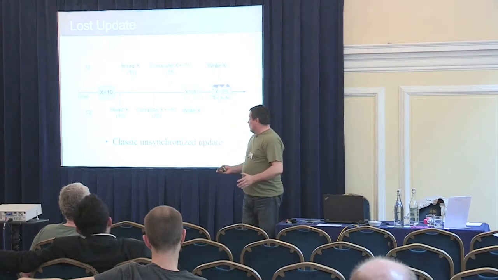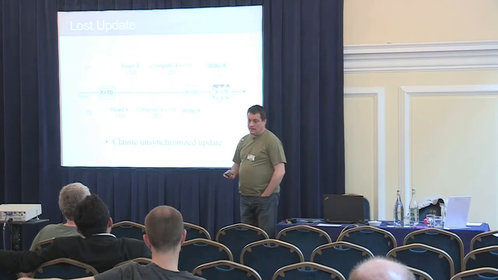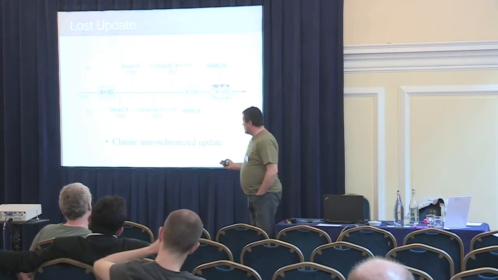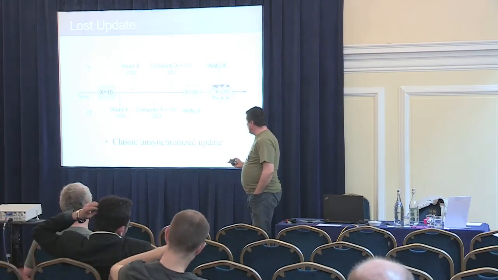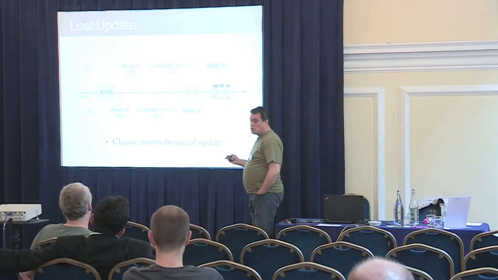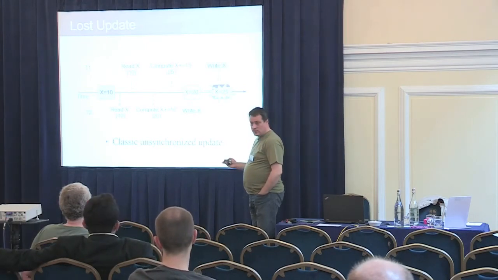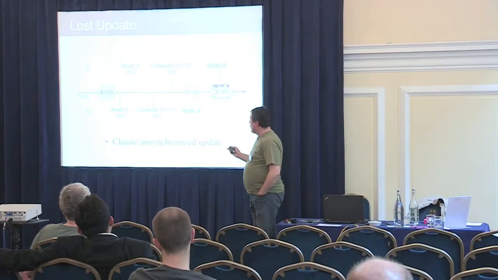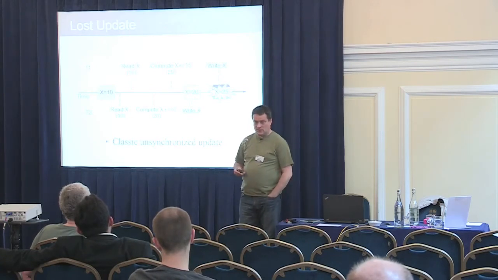If we comply with the rules, we cannot allow these kinds of bad dependencies. So the first one that starts updating should put some lock on this object, and the second one should wait until the first one writes this.